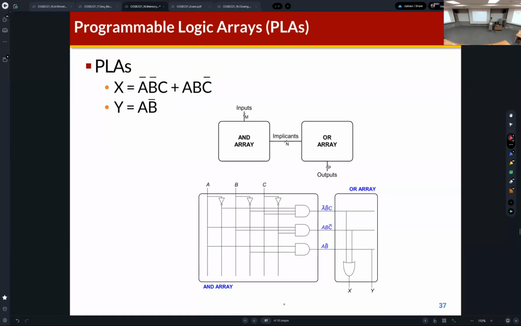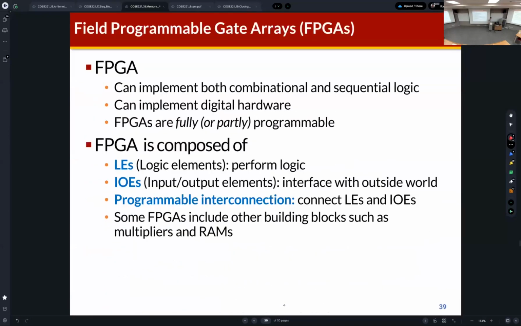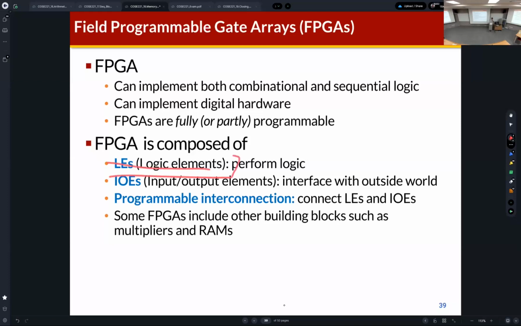PLA just implements two-level AND-OR logic, and we can change these connections. And then FPGA is composed of logic elements, and this logic element is the lookup table. With the lookup table, we can implement any logic gate, which means that we can change the output of this gate.